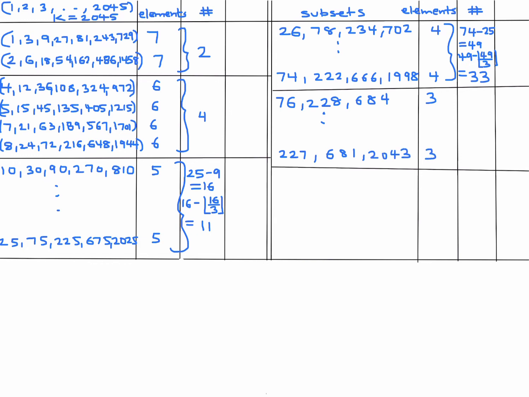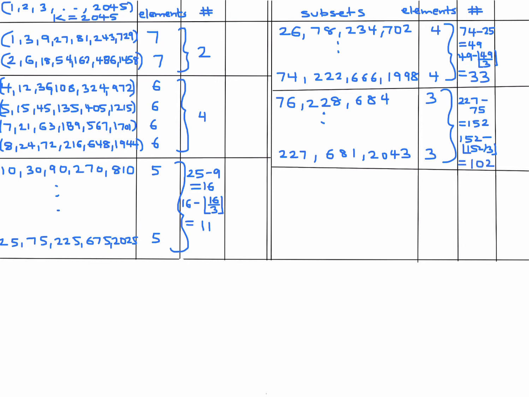And now we have to figure out how many of them were 3 elements. Okay, 227 minus 75, not 76. Remember, it's got to be one less. And that is 152. And then you do 152 minus 152 divided by 3, the integer value. And that is going to be 152 minus 50, so 102.